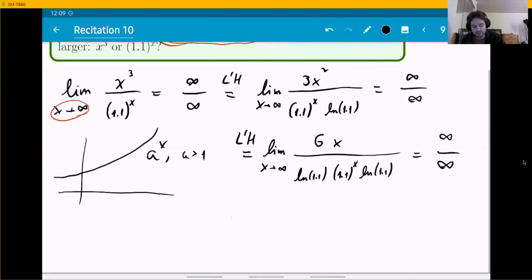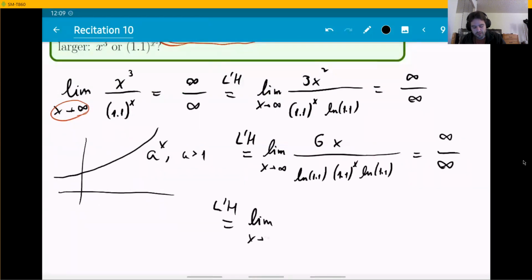We can do L'Hopital once more. And we're going to get, this time, 6 divided by, similarly, the 2 factors of ln of 1.1 still remain there, and you're going to get another one from another derivative. So I'm going to write it cubed: ln of 1.1 cubed, and then the 1.1 to the x.